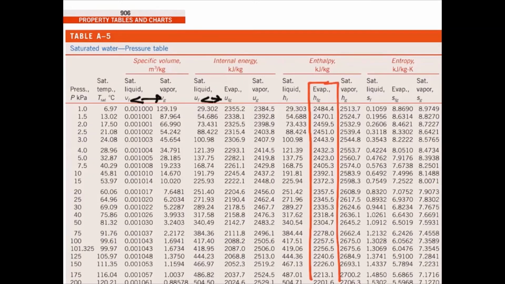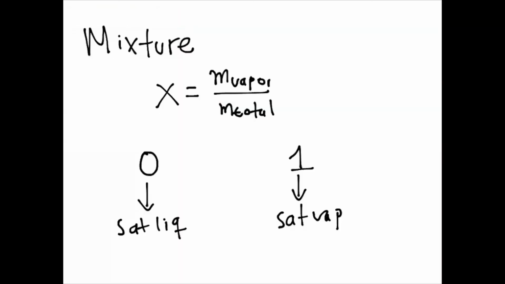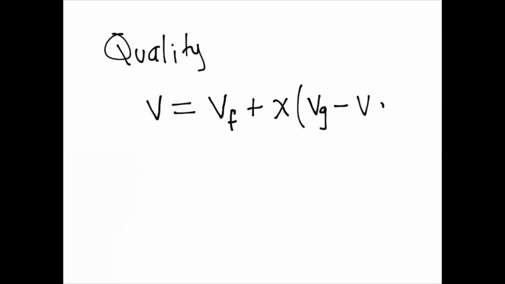If you know the amount of liquid that we have, then with this quality you can say that the specific volume is equal to the volume of the liquid plus x, which is the quality, times the difference between the vapor and the liquid.